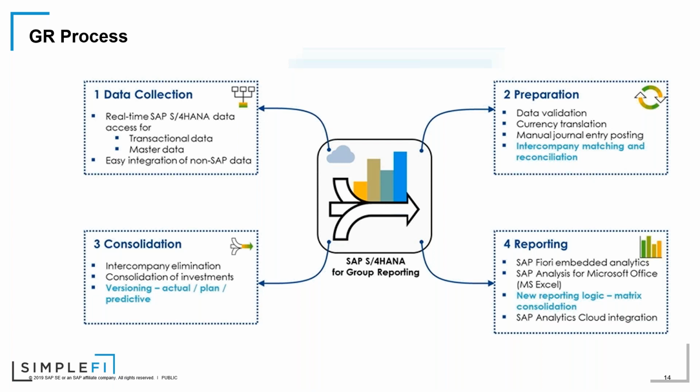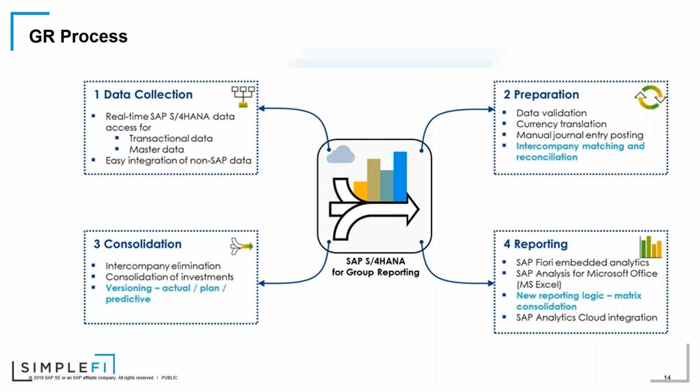So when it comes to reporting, this is kind of where there's a lot of different ways that people are implementing group reporting. On my first group reporting project, we did a mix of reporting within the group reporting tool using Data Analyzer. And then for more book reporting, we used Analysis for Office.